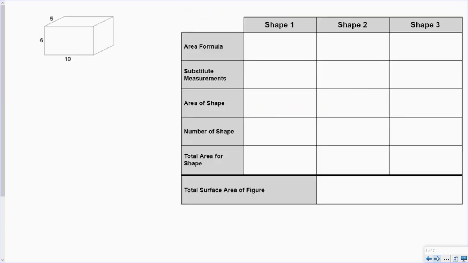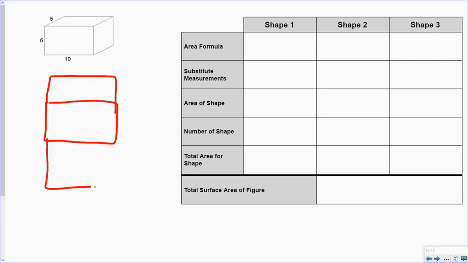Let's take a look at this 3D shape. So I'm going to sketch out its net. And again, I've got my rectangles here, and then I also have my bases here.